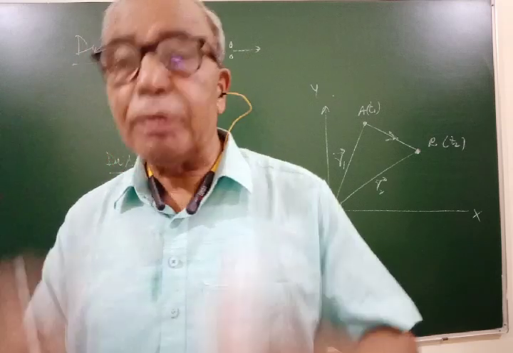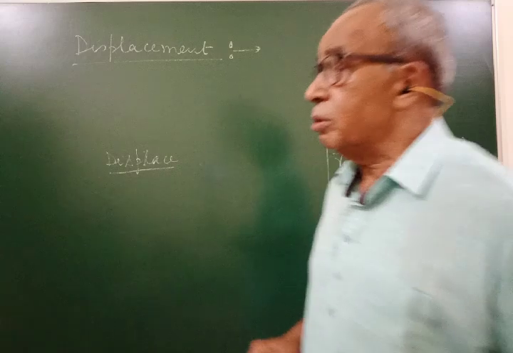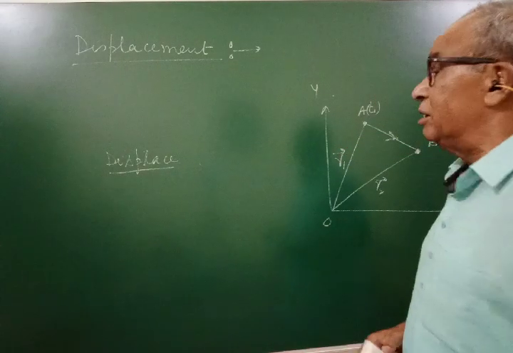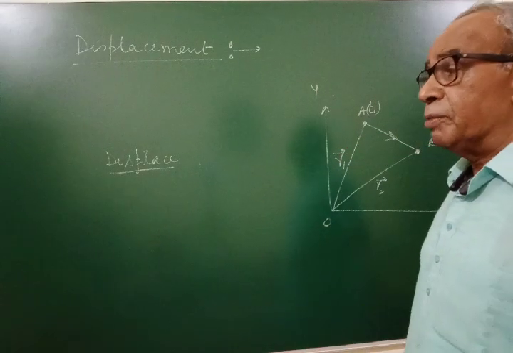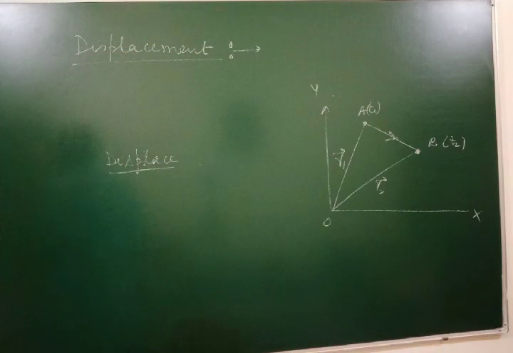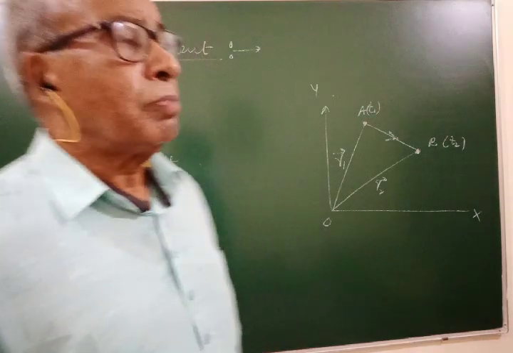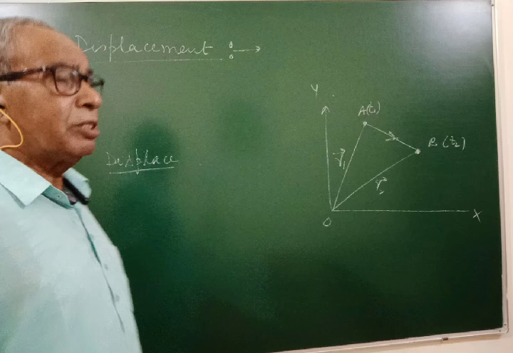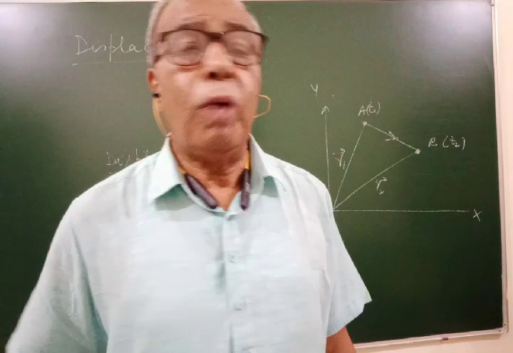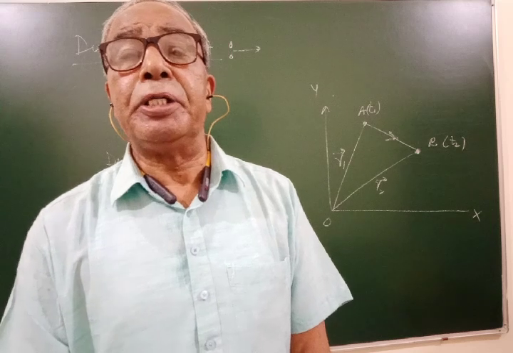And how much displacement? Actually, displacement should not be defined as the least distance between two positions. I have read in many books, displacement is the least distance between two positions. No, distance itself is scalar, while you have learned displacement is a vector quantity.